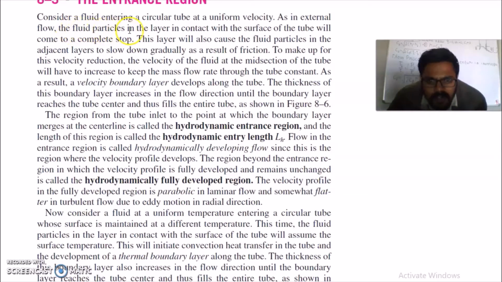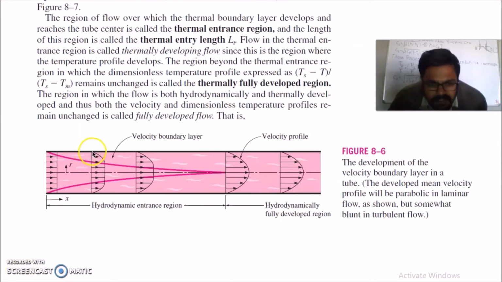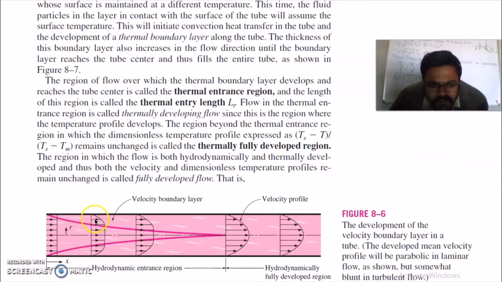The fluid particles in the layer in contact with the surface of the tube will come to a complete stop. So you can see these particles which are just in contact with the tube are at zero velocity. This layer will also slow down the adjacent layer as a result of friction between this layer and this layer.